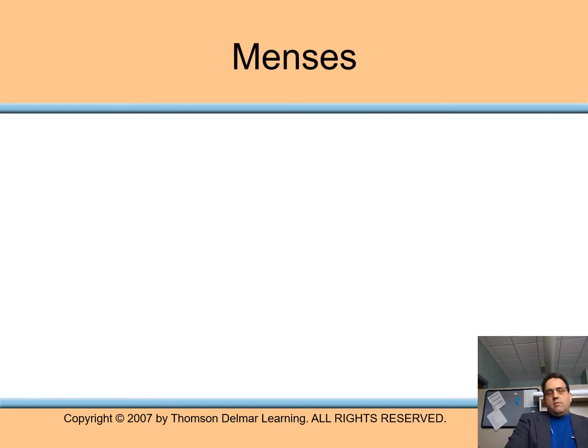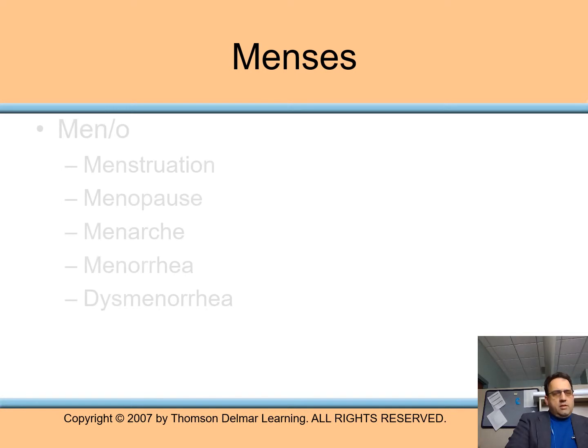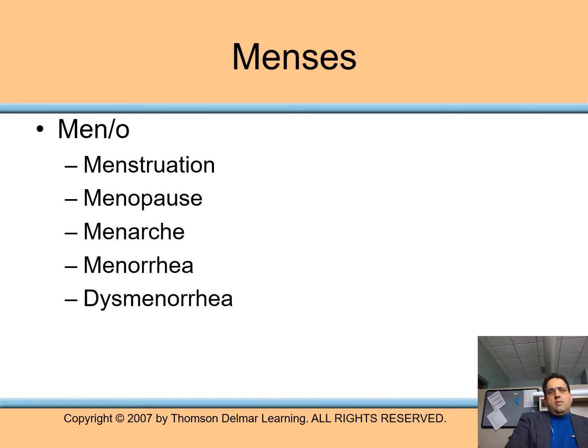Menses is the term that we use to describe the flow of blood during the cycle. So menstruation is the actual process of having your period. Menopause means that you have stopped having your period. We don't diagnose menopause until a woman has gone a full year without having a menstrual cycle.